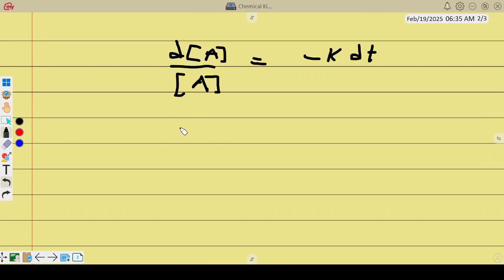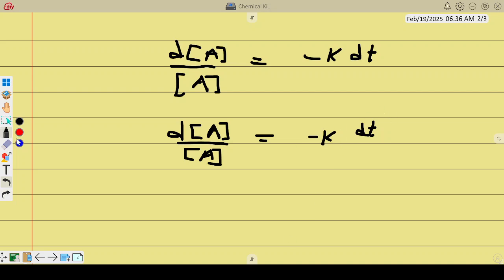So we have dA over the concentration of A, equal to -k, and then we have dt. So now let's integrate.